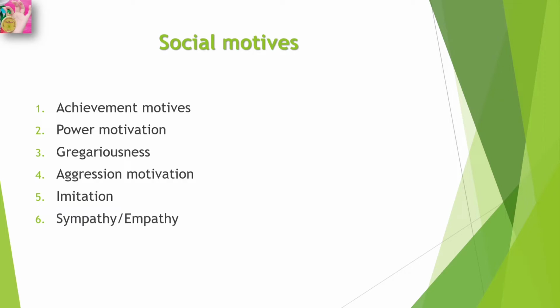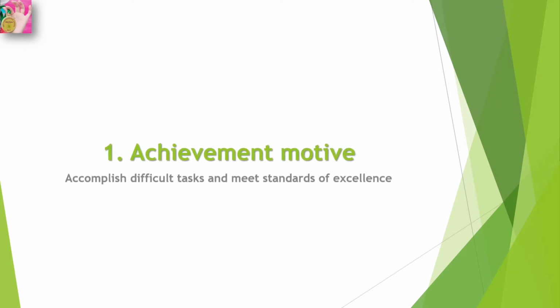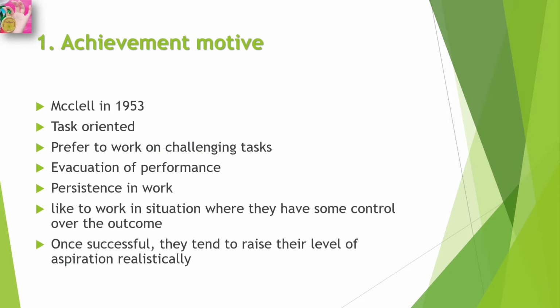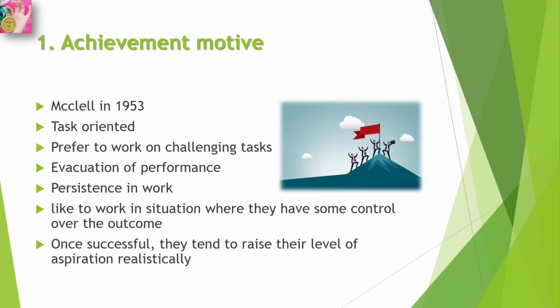So let's start with the achievement motive, or we can say the desire to accomplish difficult tasks and meet standards of excellence. This was one of the first social motives to be studied in detail, by McLeod in 1953.